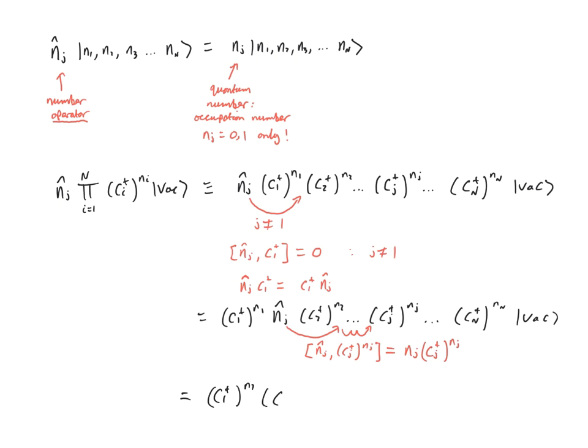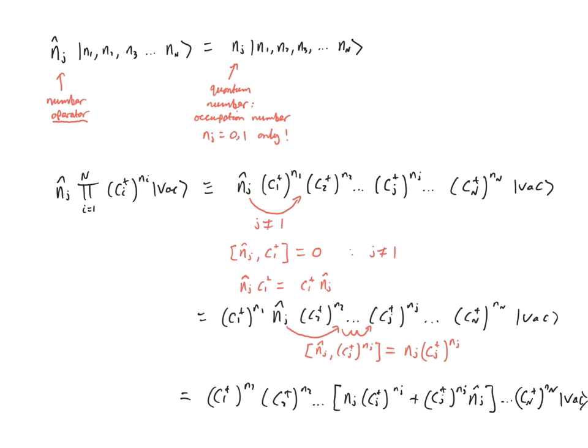I can express my generalized state all the way up to the term j, and then I'm going to have nj times Cj dagger to the power of nj, plus Cj dagger to the power of nj times nj hat, that is, of course, and so on, all the way up to our Nth orbital, and all of this is acting on the vacuum state.